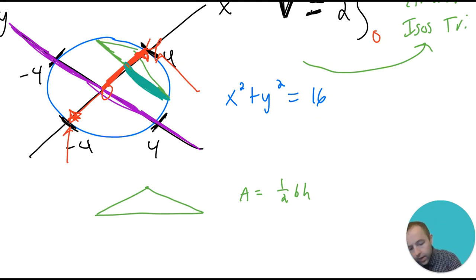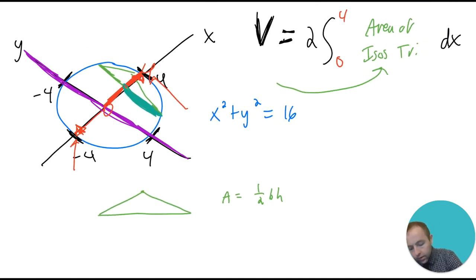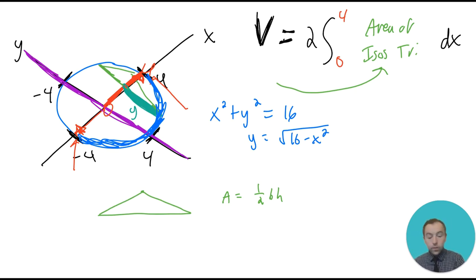So x squared plus y squared equals 16 defines that circle. And specifically, this distance right there in the teal is really just the y value on this portion of the circle right here. That portion of the circle would be the graph of y equals the square root of 16 minus x squared, if we solve that equation for y, right?